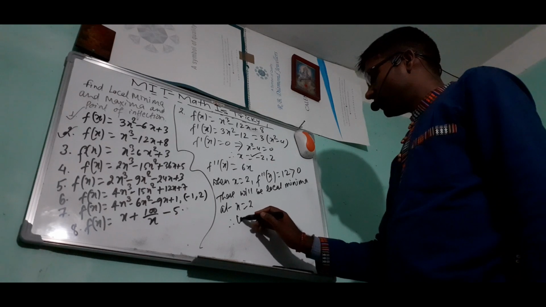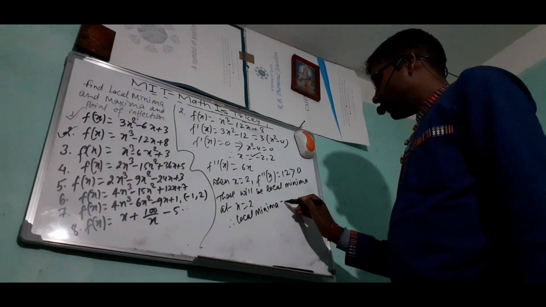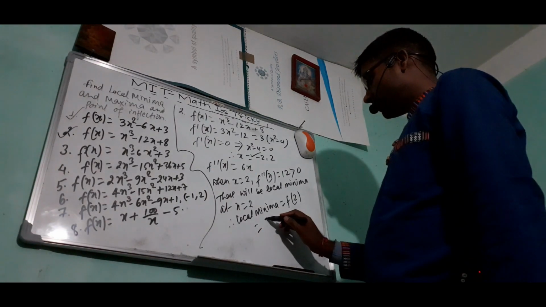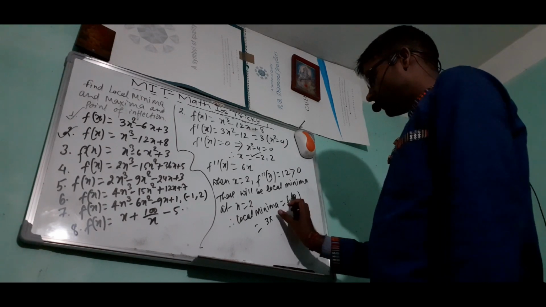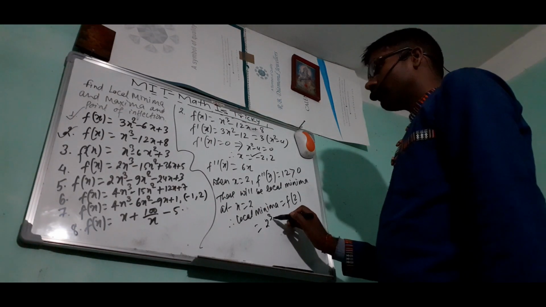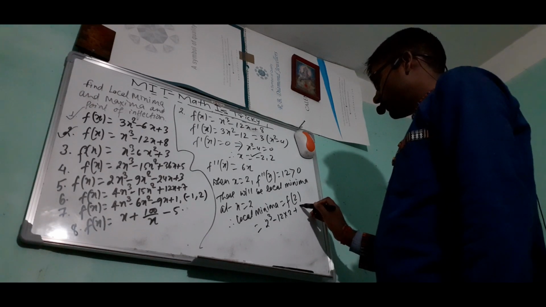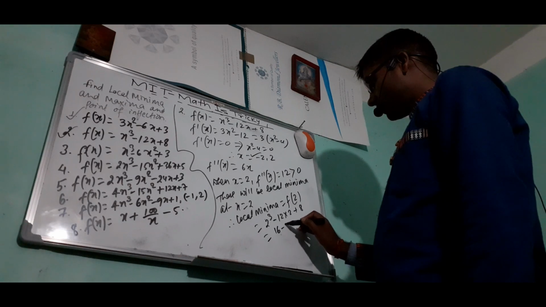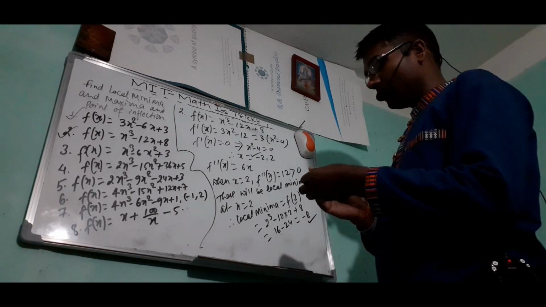Therefore the local minima equals f of 2. Let's put x equals 2 in the given function: f of 2 will be 2 cube minus 12 into 2 plus 8, so 8 plus 8 is 16, and 16 minus 24 is minus 8. This is our local minima.